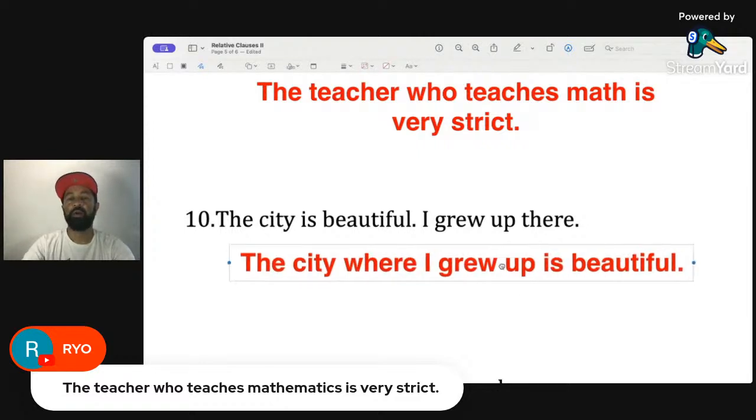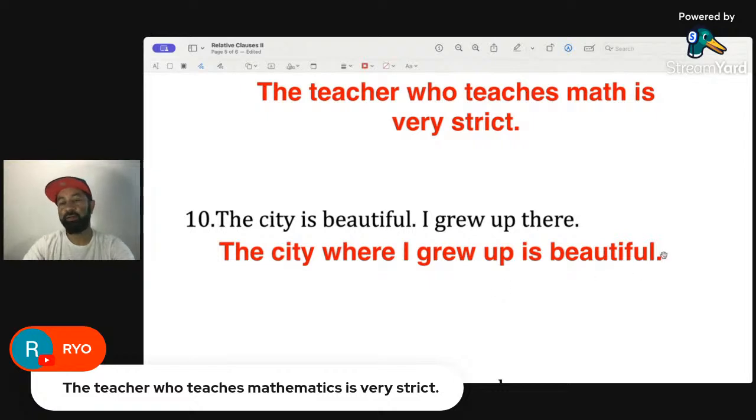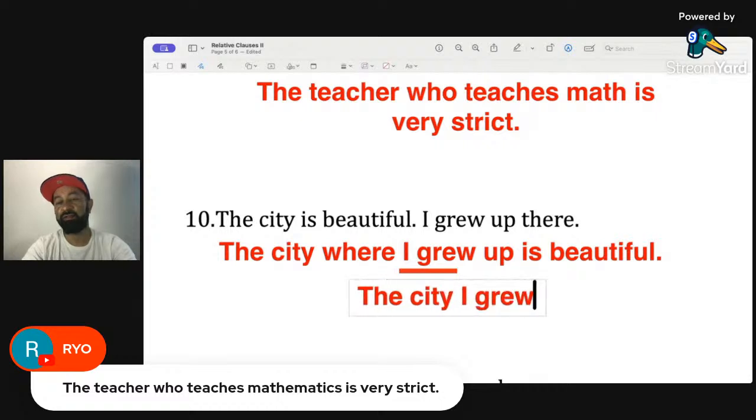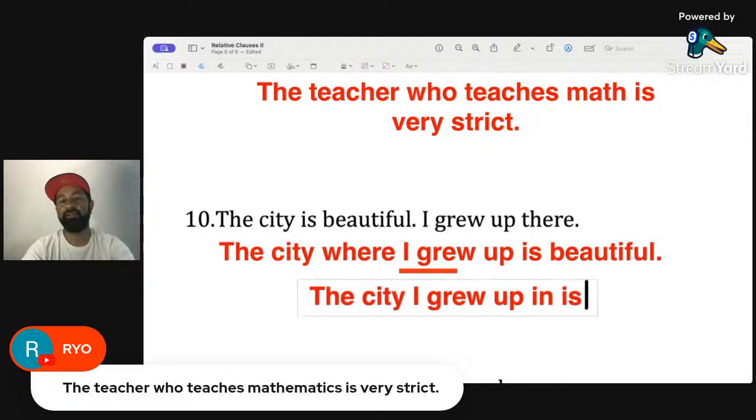Now, if you want to omit it, you can, because we've got the subject and verb. If you want to omit it, that's fine. But we do need to add a preposition then. The city I grew up in is beautiful.